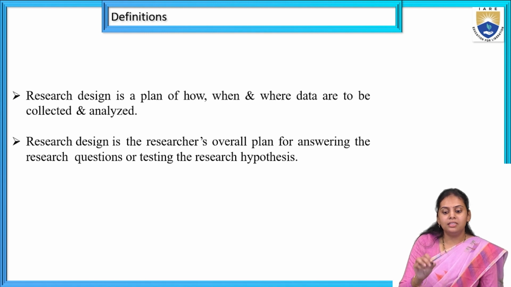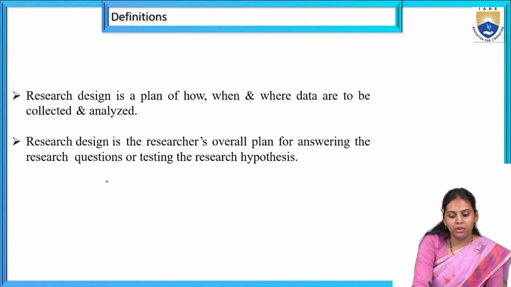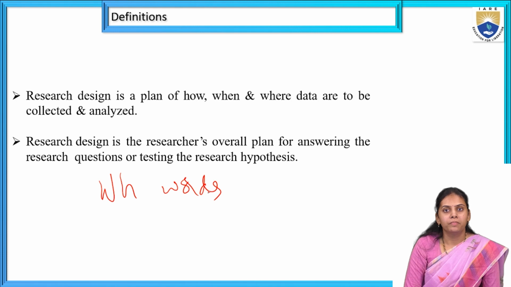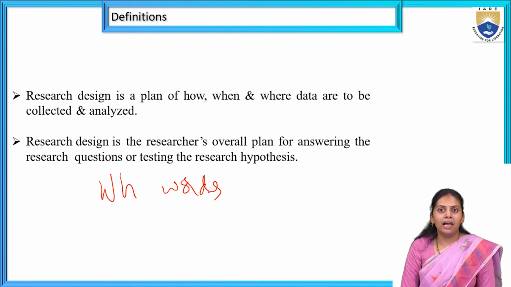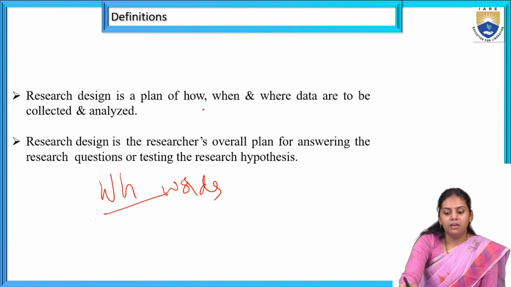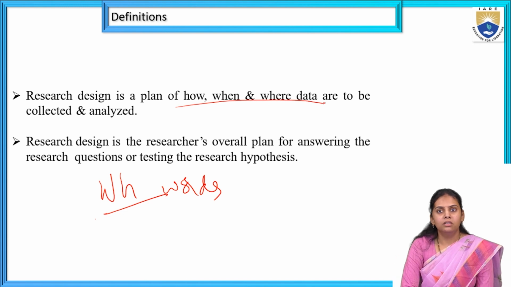Here, the research design is a form of plan which covers all the WH words, because this plan should always cover the key points with the WH words: what, where, how, and in which manner.